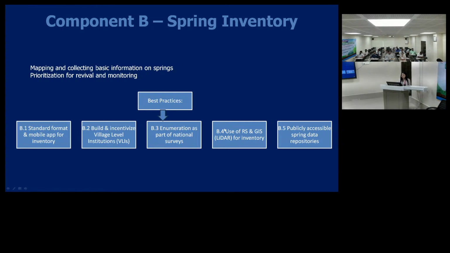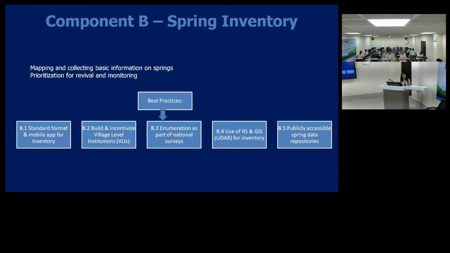Now coming to component B, which is the spring inventory. I've already discussed spring inventory. The best practices which Niti Aayog has given are the standard format or mobile app for inventory. Then we can build and incentivize village level institutions, like we have discussed.